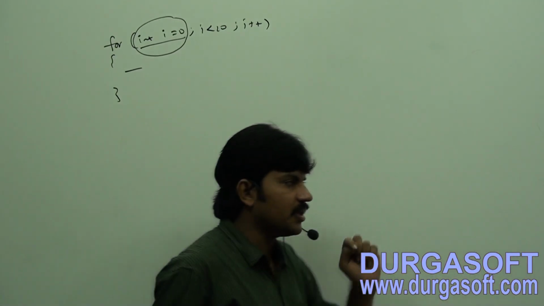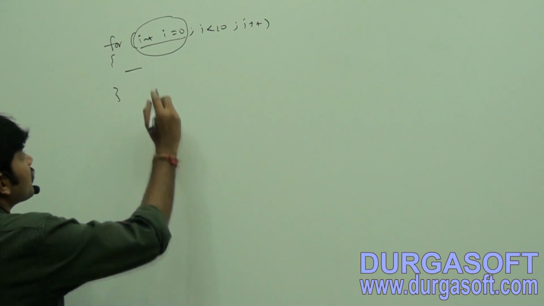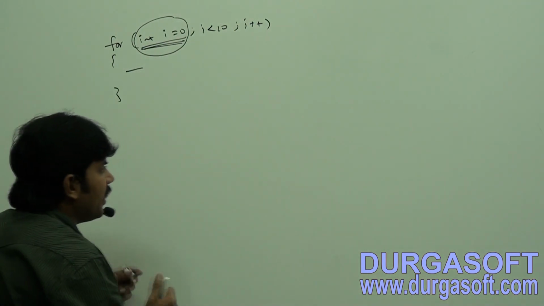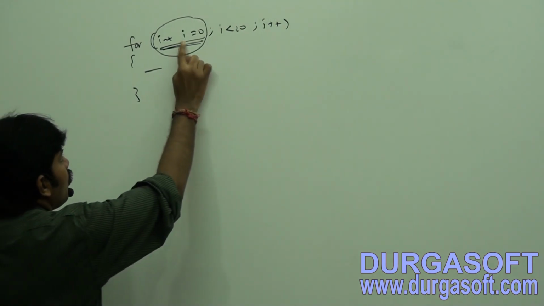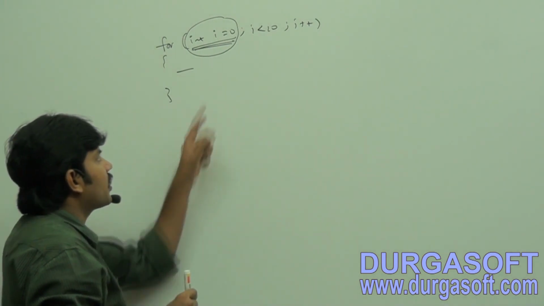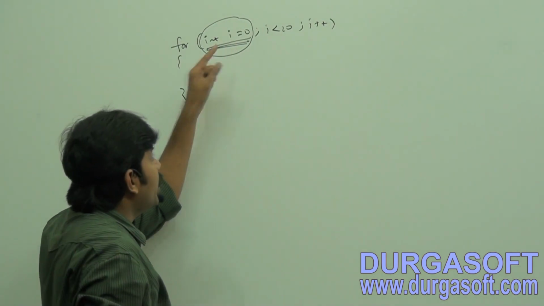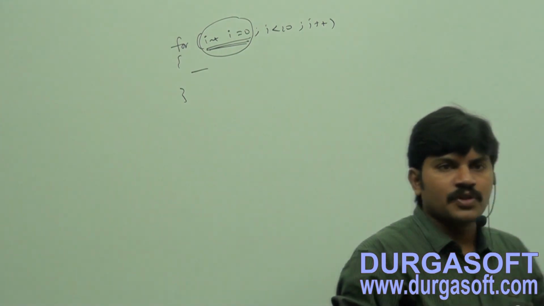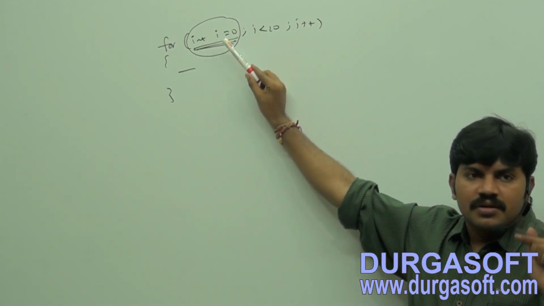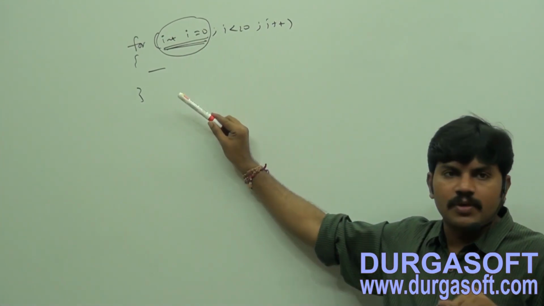Next point, see. Usually what activity can we do? We can declare and initialize local variables of the for loop.